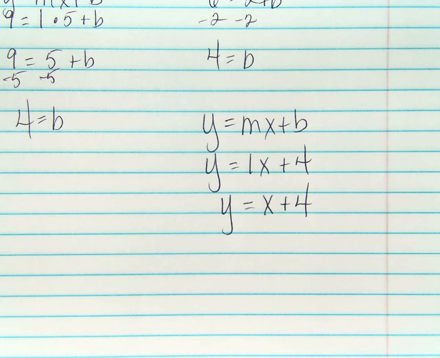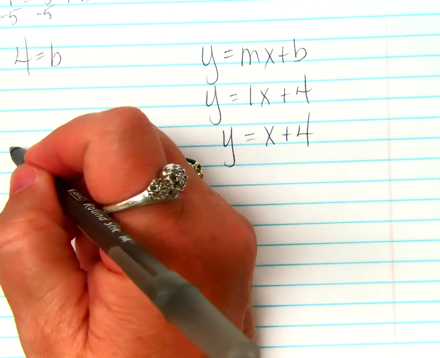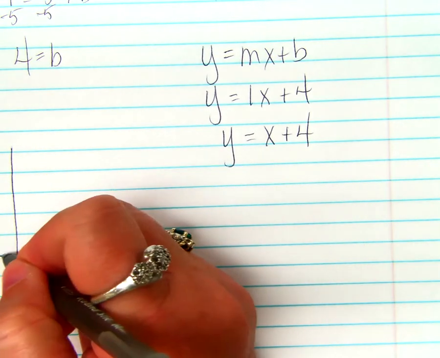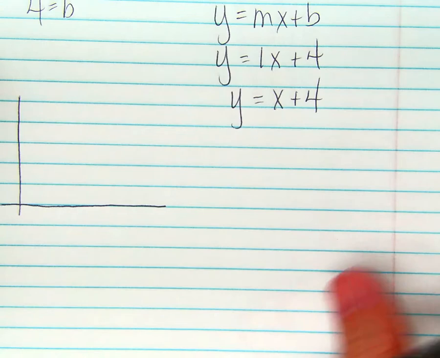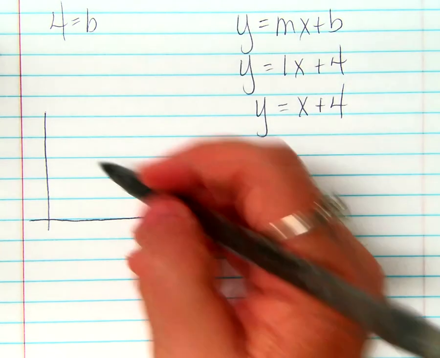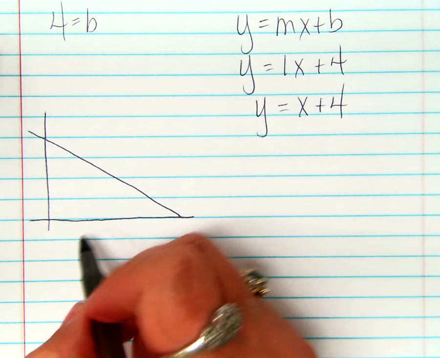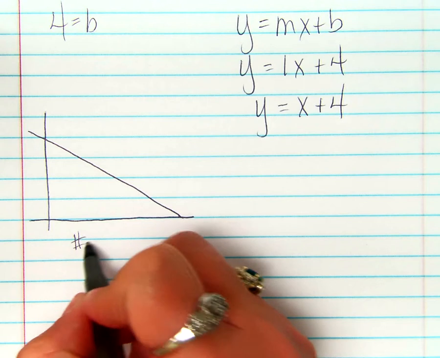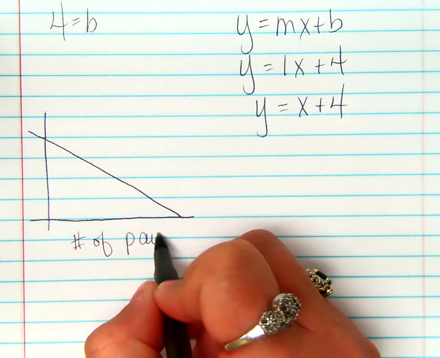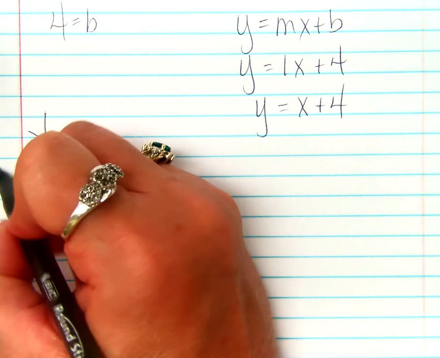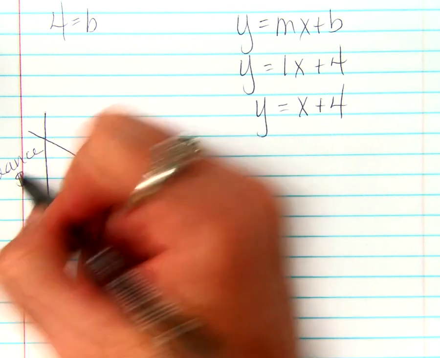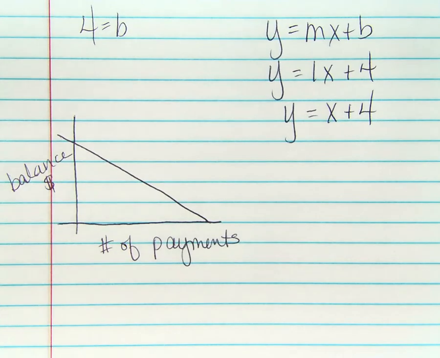So on your homework tonight, you're going to be asked to do this, okay, on some of the graphs that are in your book. The other thing you're going to be asked to do is interpret the slope. So let's say that we have a graph that looks like this, and it says number of payments and the balance, which is a money value, okay?